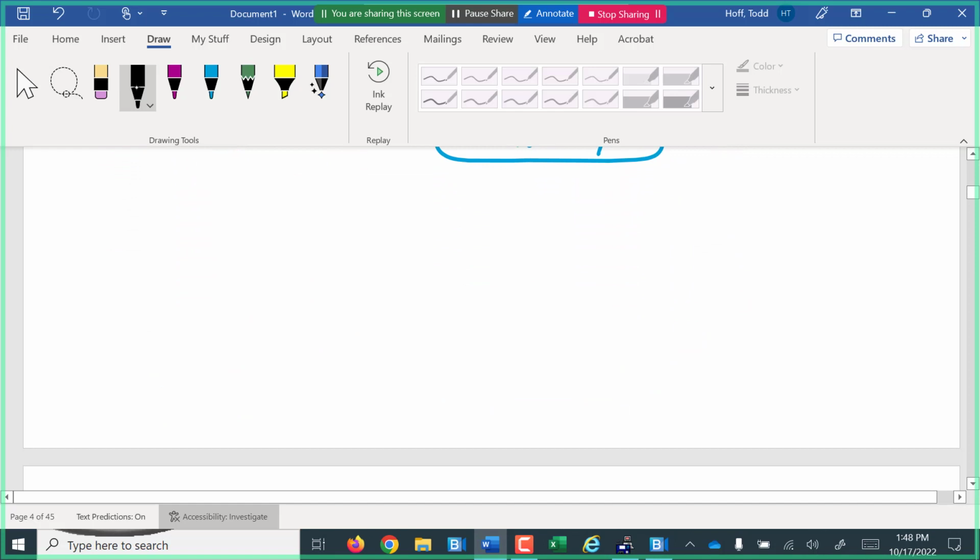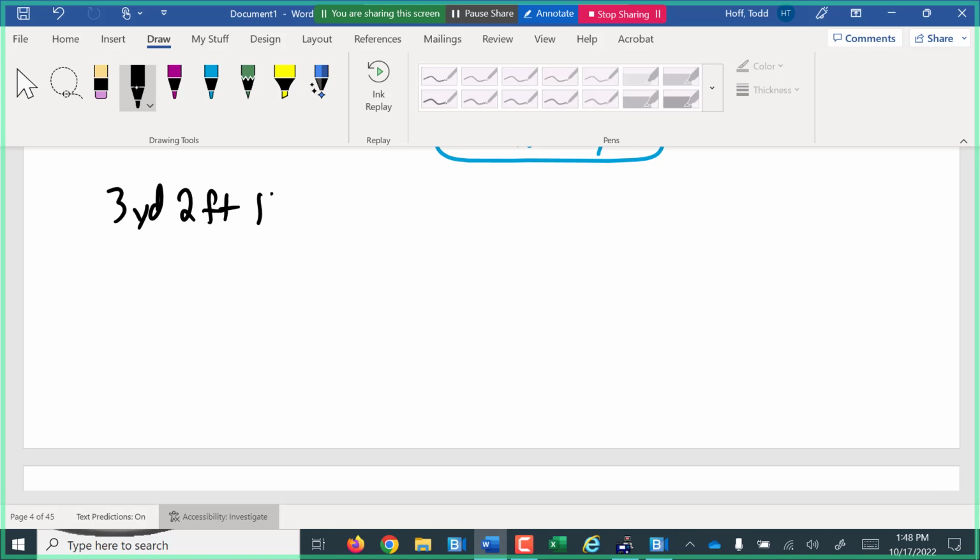We might have 3 yards, 2 feet, 11 inches times 4. So we'll start out with 4 times 11 inches, which is 44 inches. How many feet can I get out of that?